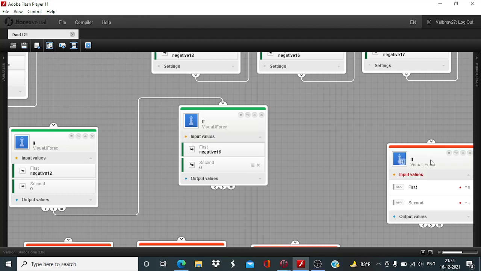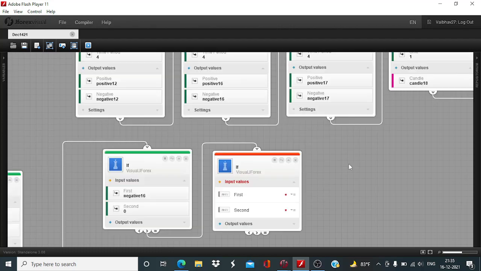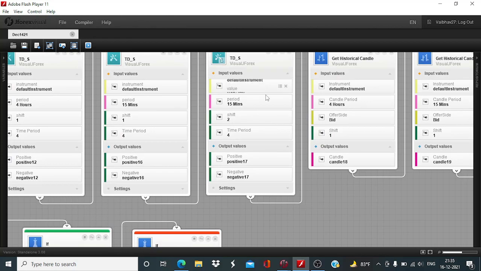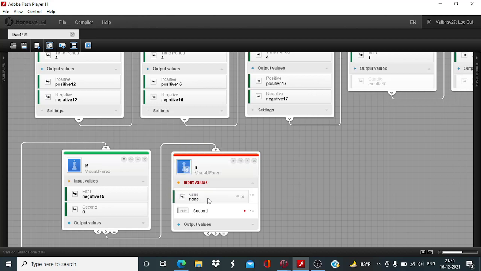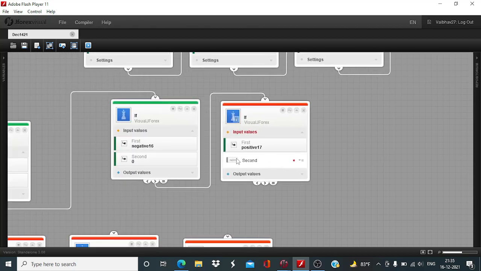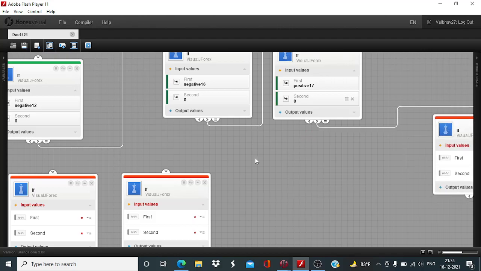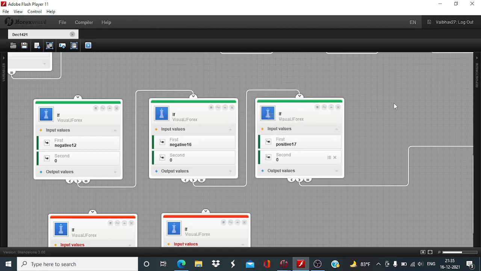So we take that first input greater than second input, whereas the penultimate 15-minute output of the TDS should have positive output, positive value. So in this case, positive 17 will need to be greater than 0. Okay, so we have these TDS conditions defined now.